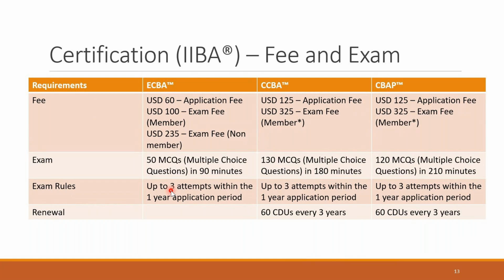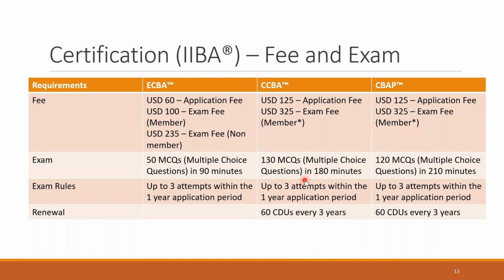If you fail all 3 attempts, there will be a cooling off time of 1 year, and you can apply again next year. The same criteria apply for the other two as well: a maximum of 3 attempts within a year.